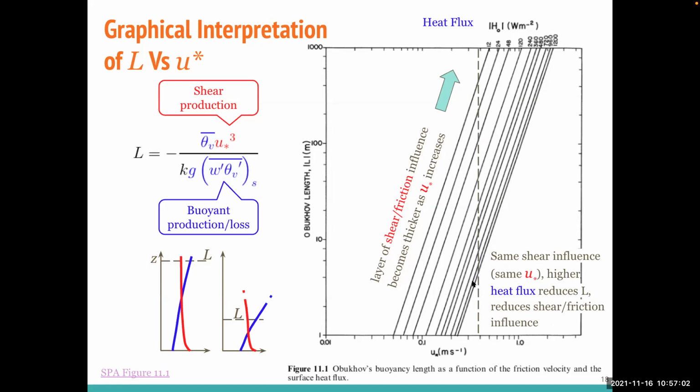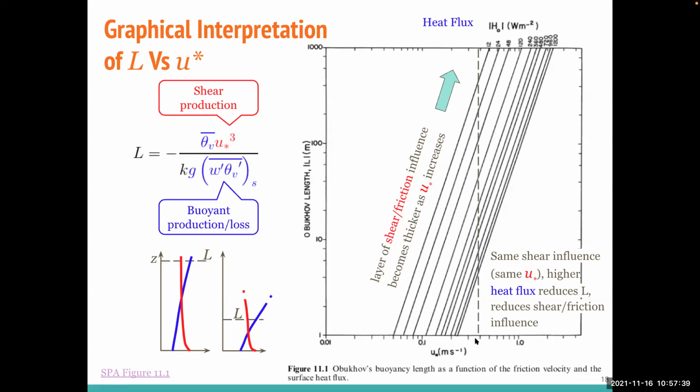For example, look at this dashed line here. On this line, you have the same shear influence because you have the same u-star, right? If you increase your Obukhov length, going up, what does it mean? It means that your shear is decreasing, right? You have different values of shear here, and the shear value is decreasing.